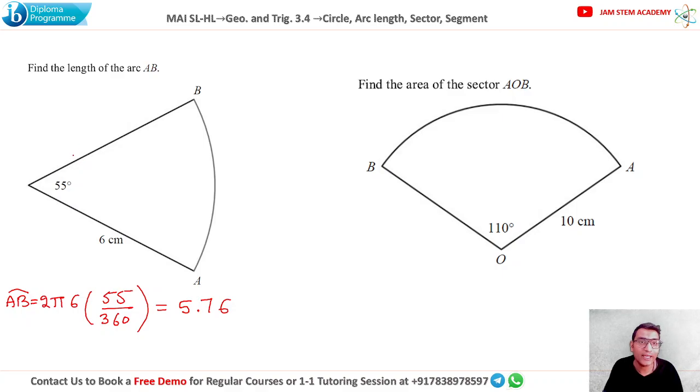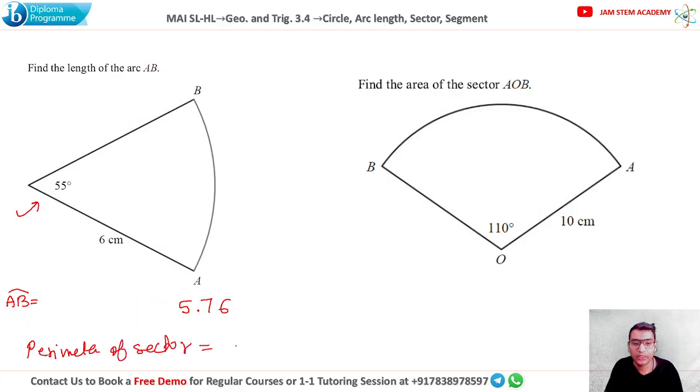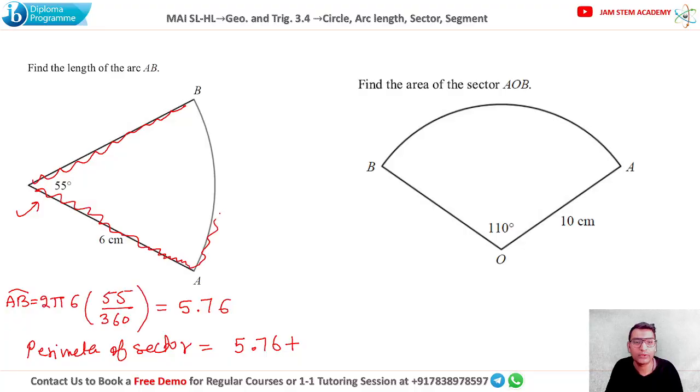Now if the question says find the perimeter of the sector for the same problem, that was the arc length only. But if it says perimeter of the sector, what do you have to do? In that case, you have to take that arc length 5.76 and add the radii lengths to it, because for the perimeter you have to include all these.